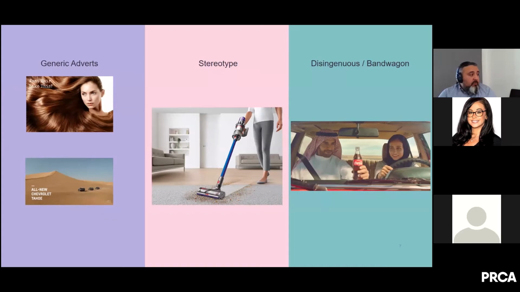You get these shampoo adverts showing super shiny, short, straight, long, and full of volume hair, or you get cars that are shown riding on the dunes, where the typical SUV owner is unlikely to ever take their car off-road.